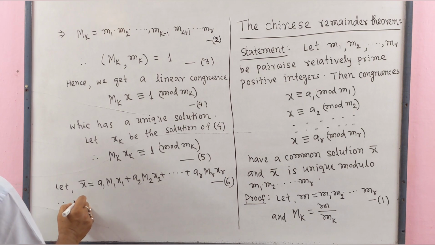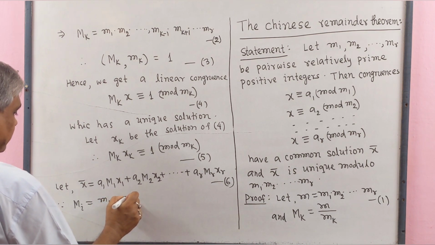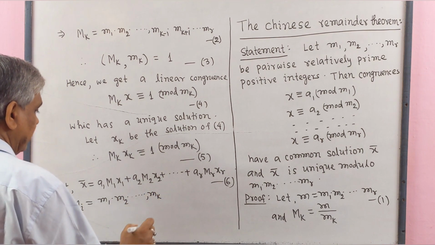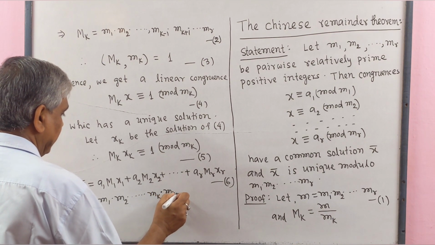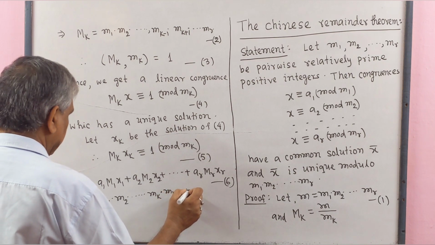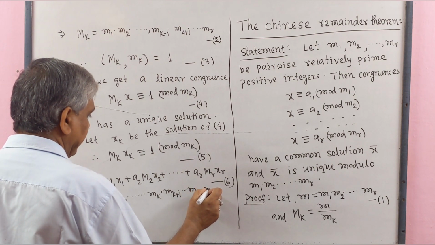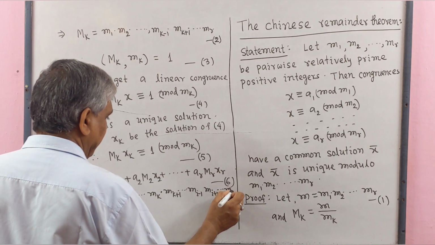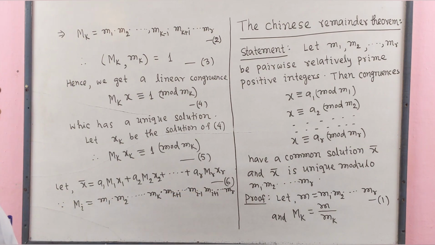Since capital Mi equal to m1 multiply m2 multiply ... m(i minus 1) multiply m(i plus 1) multiply ... multiply mr. Here we do not include small mi.